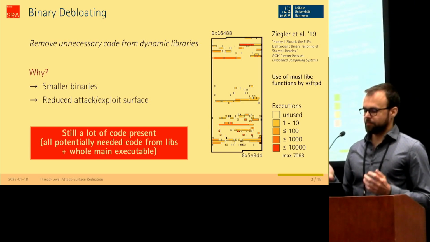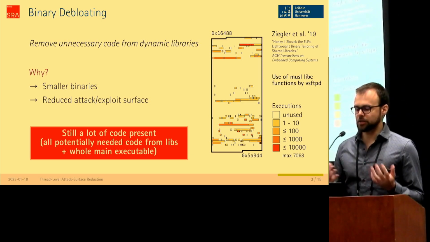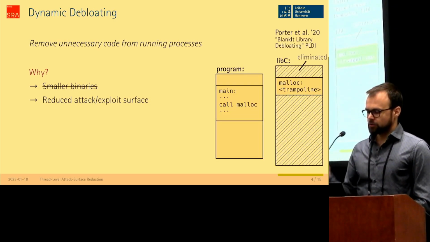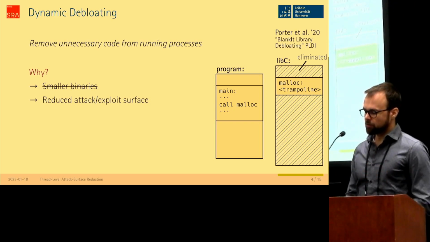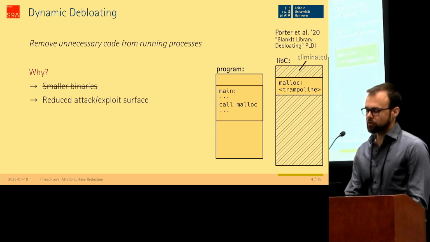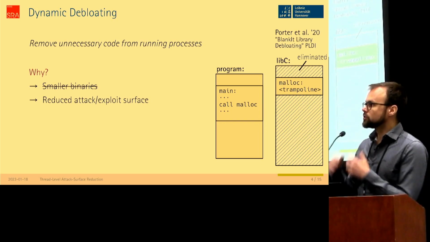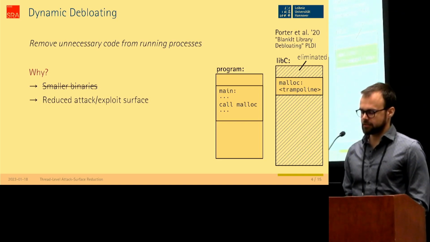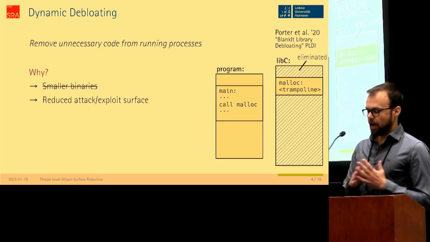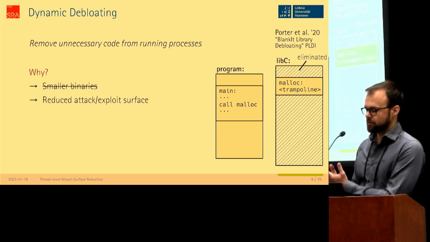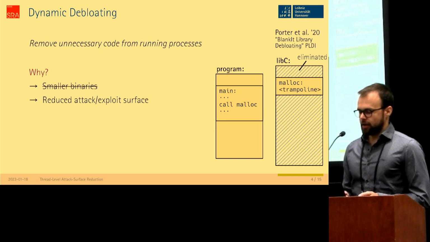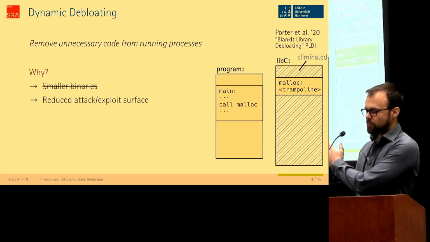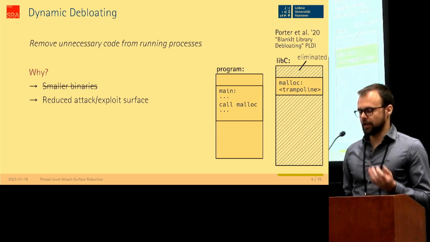However, there's still a lot of code present, as you can see, and especially the whole main executable is still completely loaded. So how can we improve this? Dynamic debloating approaches go one step further. In these approaches, the libraries get debloated during the runtime. On the right, we see such an approach, Blanket, that's the name. It eliminates all library code, so it basically overwrites it with invalid instructions, and only includes small trampolines for the entry functions of the libraries.